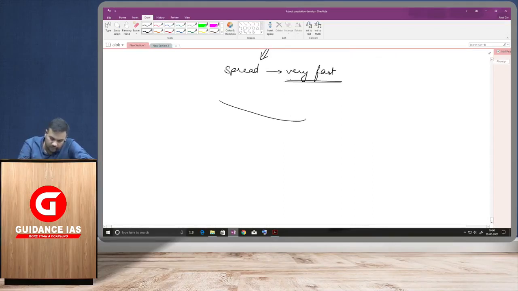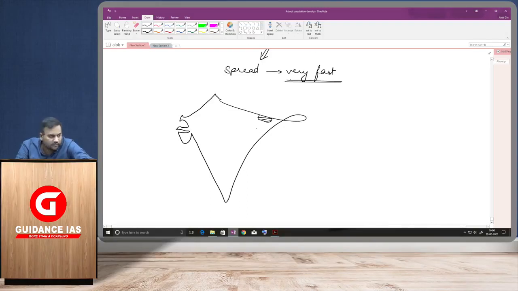So what happened? We are simply saying that it originated from this core, and after originating from this core, it followed the same paths through which it spread in India. Even in South India, you will find many Buddhist stupas and architecture.